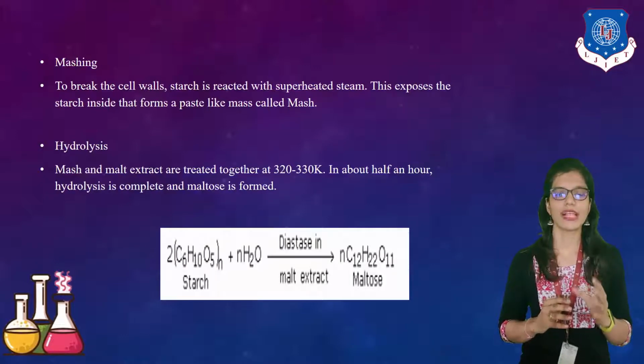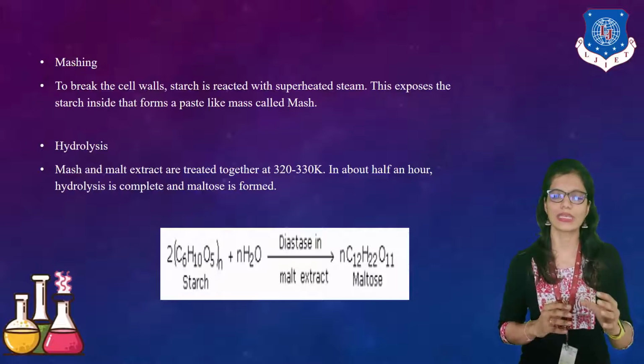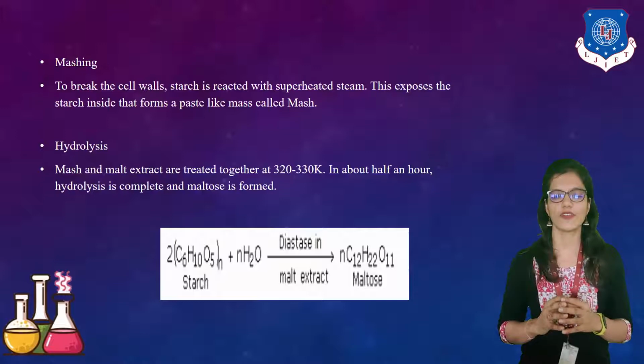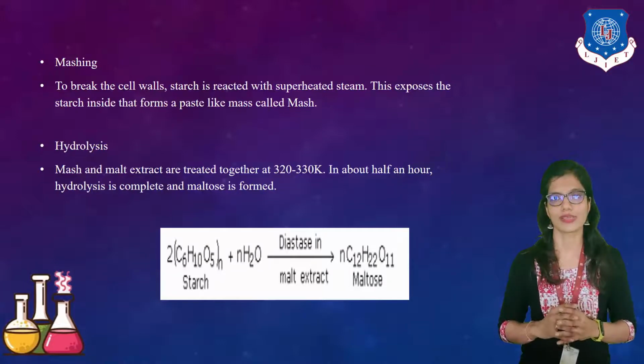Now, our next step is mashing. To break the cell walls, the starch is reacted with superheated steam. This exposes the starch, which forms a paste-like mass called mash. Because of that, this step is known as mashing. Our next step will be hydrolysis.